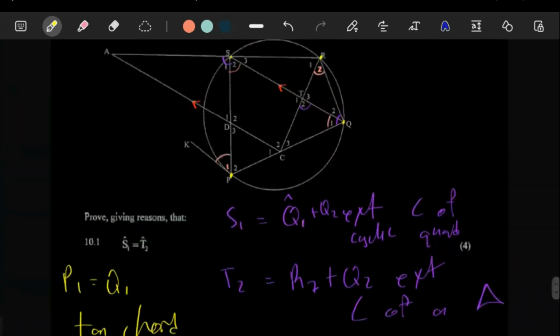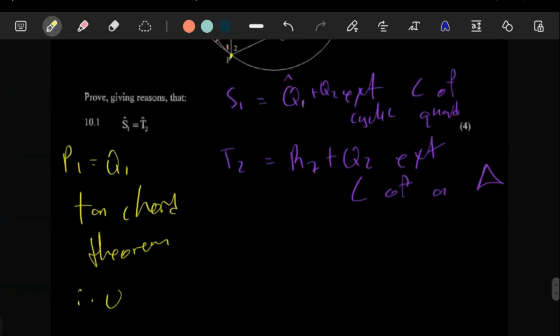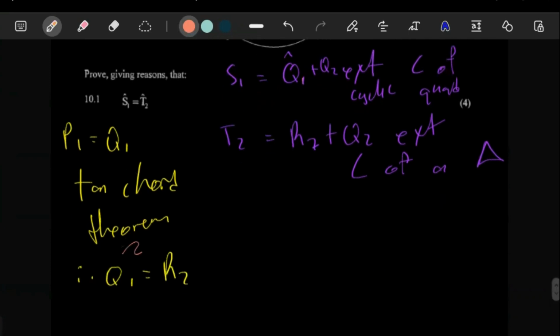And then we need to say that therefore Q1 is equal to R2. But rather, before mentioning this, we can say that P1 is equal to R2. That's a given. You see? So since Q1 is equal to P1 and P1 is equal to R2, it means they're equal to each other.